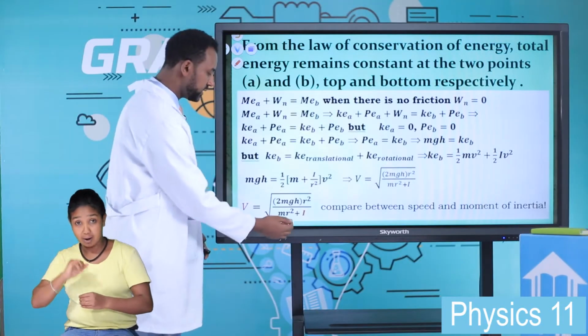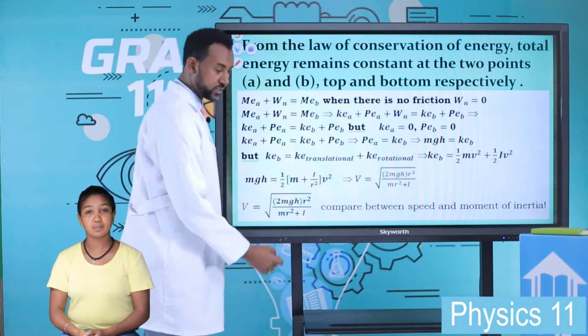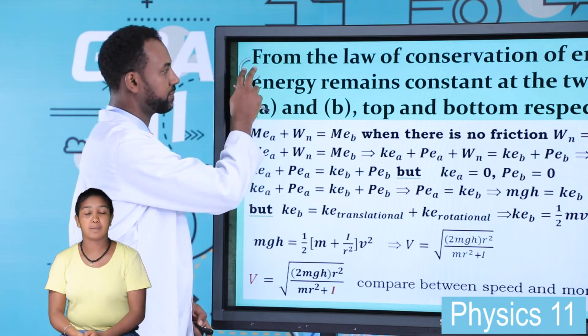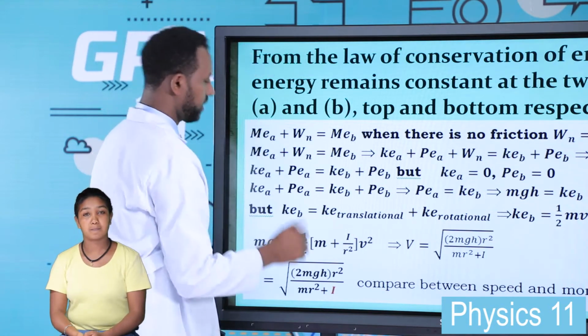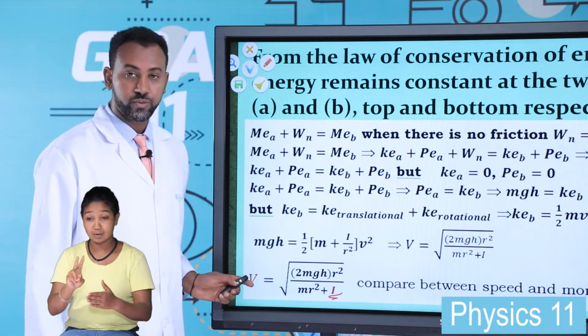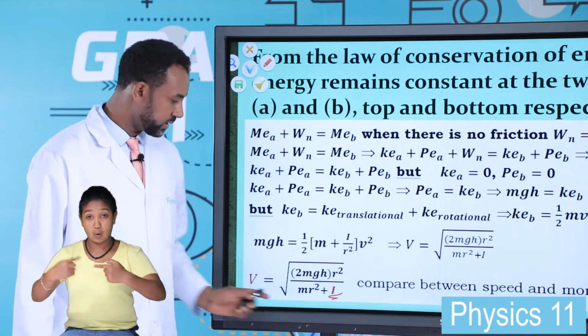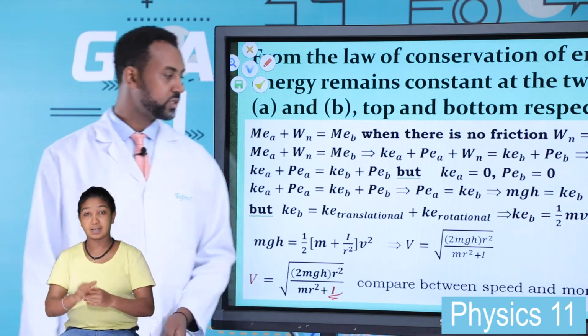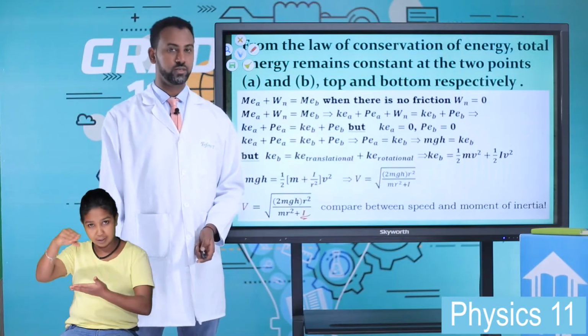So the speed varies with the moment of inertia. Therefore, the speed of the rolling object is inversely related to the moment of inertia. This is what we saw previously.